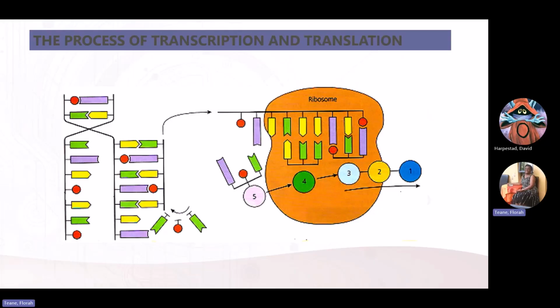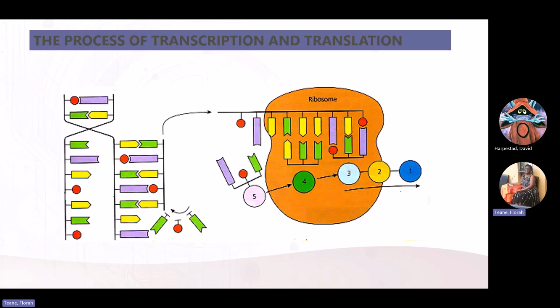I'm going back to what I said earlier on. I said when messenger RNA is formed inside the nucleus, when the DNA strands are separated, messenger RNA is formed, and then loose nucleotides of messenger RNA arrange themselves in accordance with one DNA strand, which serves as a template.